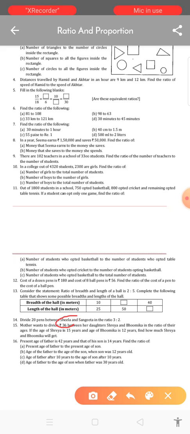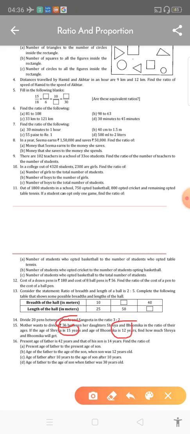If the age of Shreya is 15 years and the age of Bhumika is 12 years. Find how much Shreya and Bhumika will get. So first we find the ratio between their ages, and after this we find the sum of the ratio, and then we find how much money Shreya gets and how much Bhumika gets.